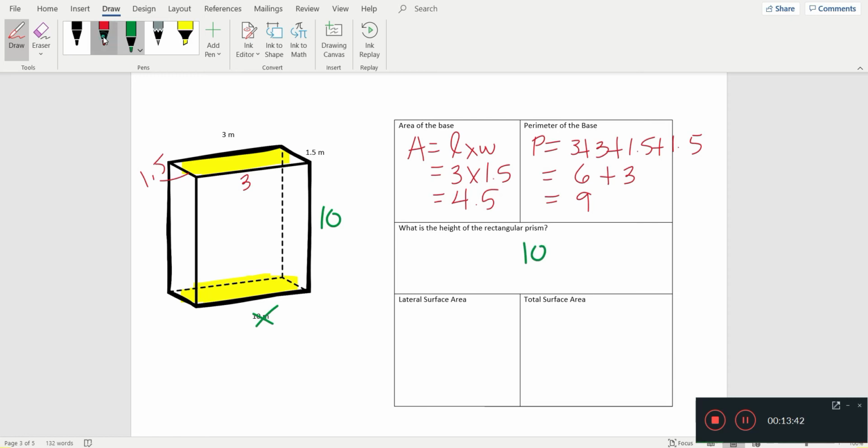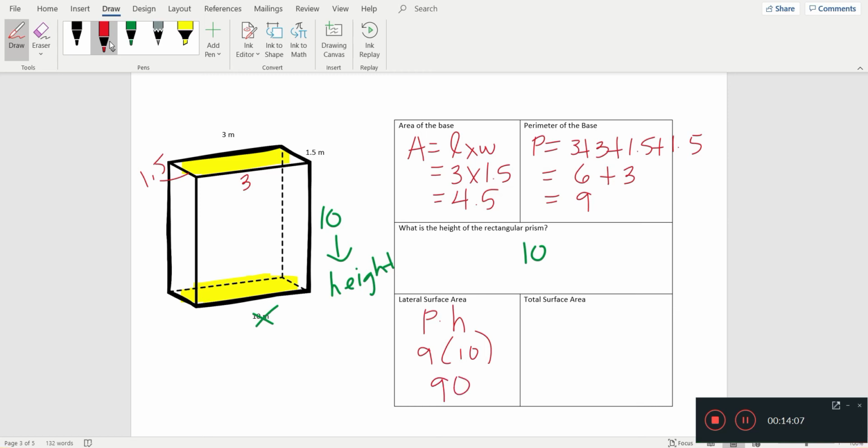We're going to use the lateral surface area. So this is the height, right? So we're going to have pH, perimeter times the height, so 9 times 10, the answer is 90.